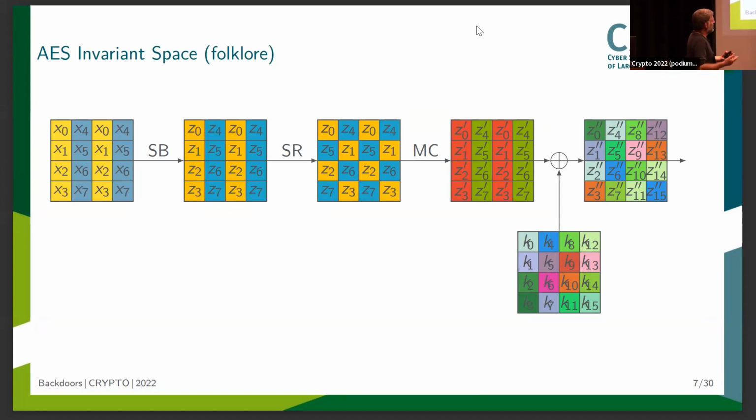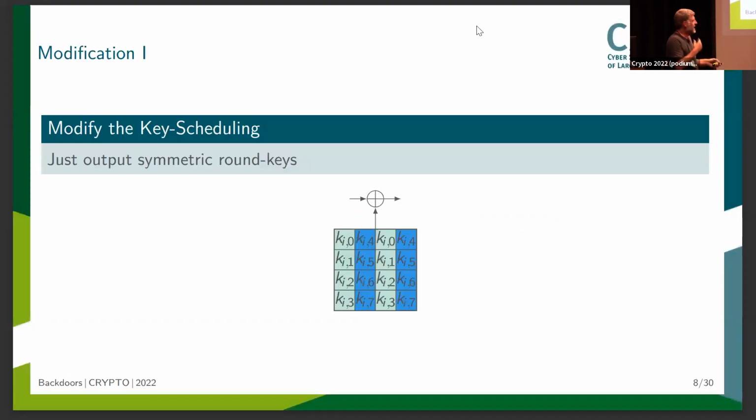Now we wanted to have a weak cipher, so it's very easy to get it weak. We just modify the key scheduling. Yeah, so the first change we do is we modify the key scheduling, and I'm not going to explain exactly what we do, but the main point is you only output symmetric keys. So each round key is only 64 bits, but it doesn't matter.